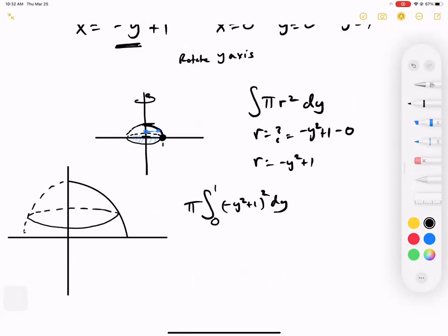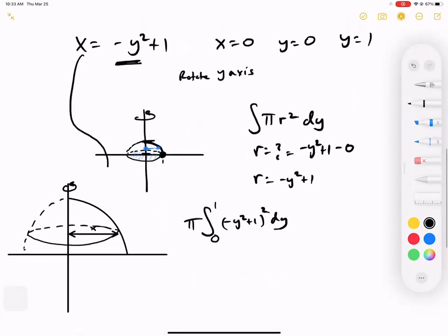We're rotating around this axis. Our radius is given by this value. Now, is this an x or y value? This is an x value, isn't it? And that's why our radius is being plugged in as an x value.